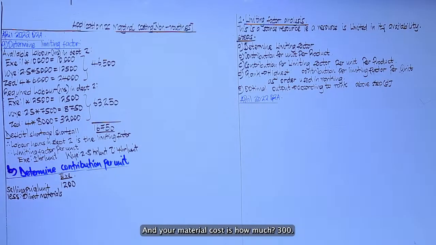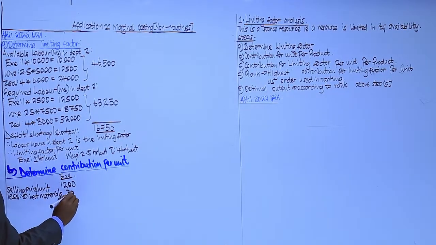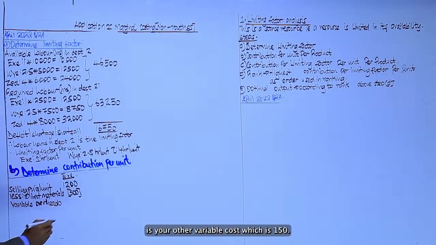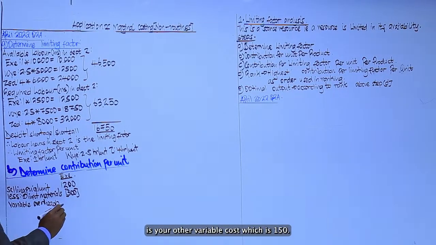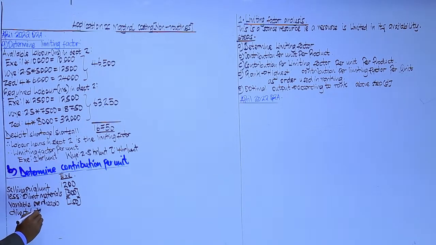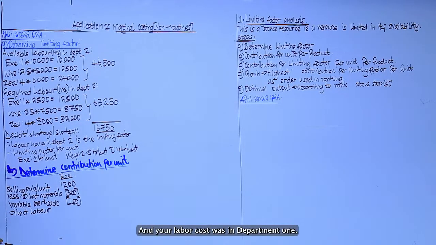And your material cost is 300. You have another variable overhead cost, which is 150. Then you also have a cost known as direct labor cost. And your labor cost was in department 1, department 2, and department 3.